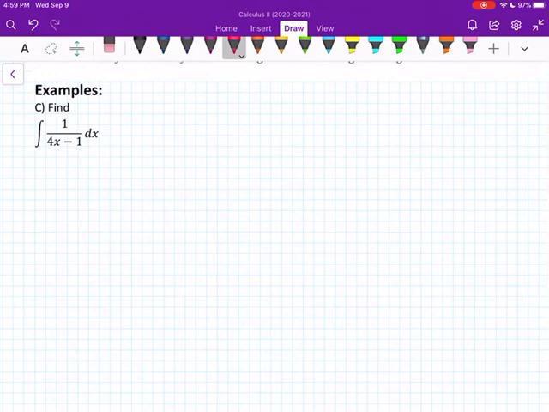Okay, our first example is let's integrate 1 over 4x minus 1 dx. For this one, I see 1 over a function, so I'm going to do good old U substitution. So I'm going to let u equal 4x minus 1. And so then du dx is going to equal 4, which means that dx is going to equal 1/4 du.